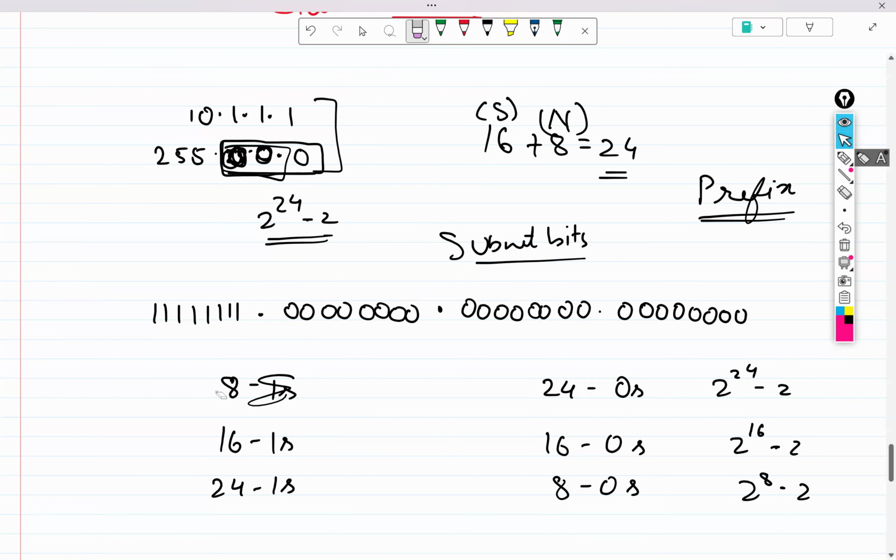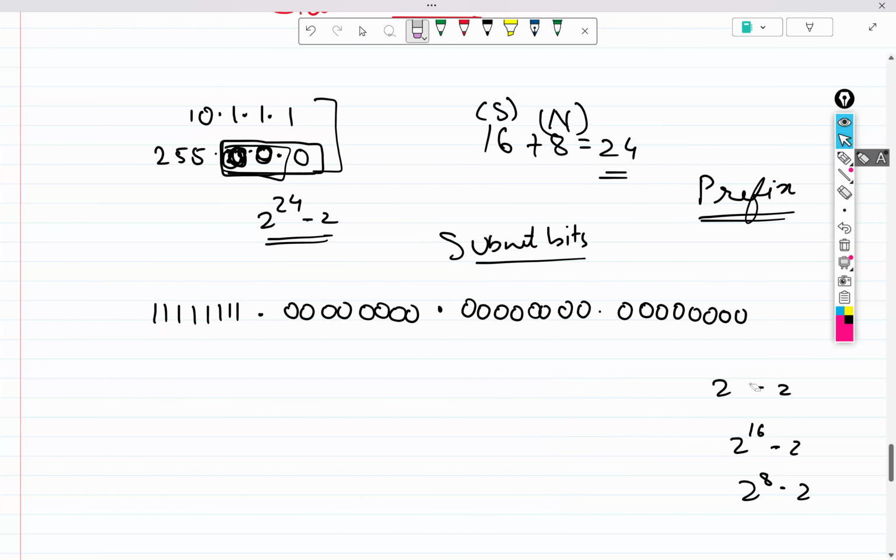Now, there are many times where I will not convert all the zeros in a particular octet. Let's say this is all ones. Here I will convert all these to ones, 1 to 8. But here I will only convert these two as ones. The rest of them are zeros.